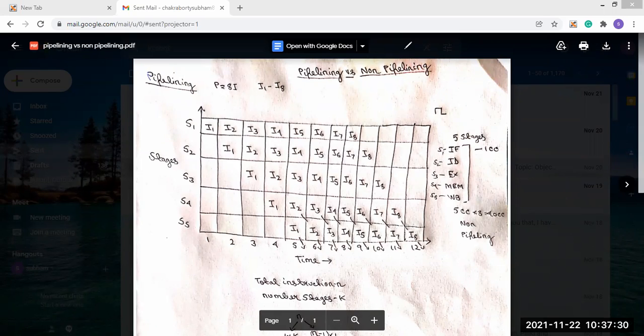Then some clock cycles become idle, and after that the result is shown. So it is not possible that in each clock cycle we will see a result. That's why we say CPI tends to 1. We always try to make it tend to 1, but it is not equal to 1. Okay, so this is our pipelining.